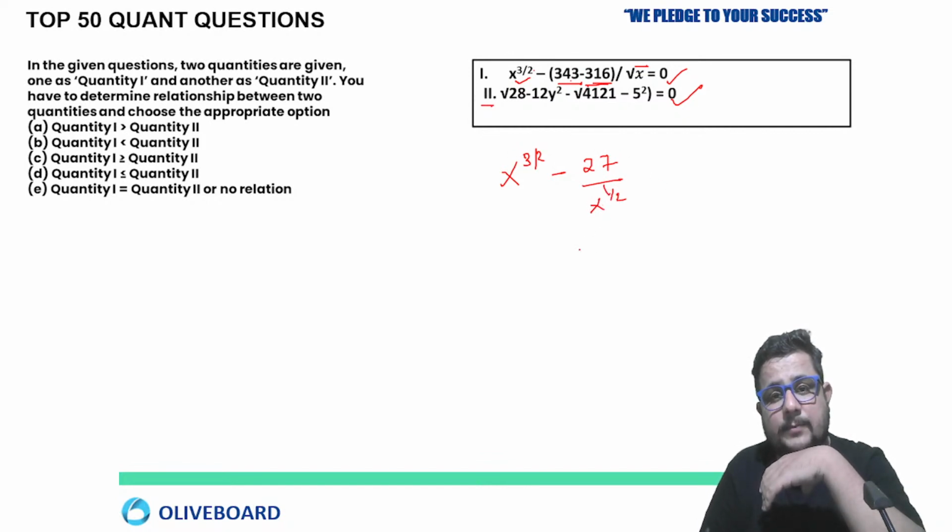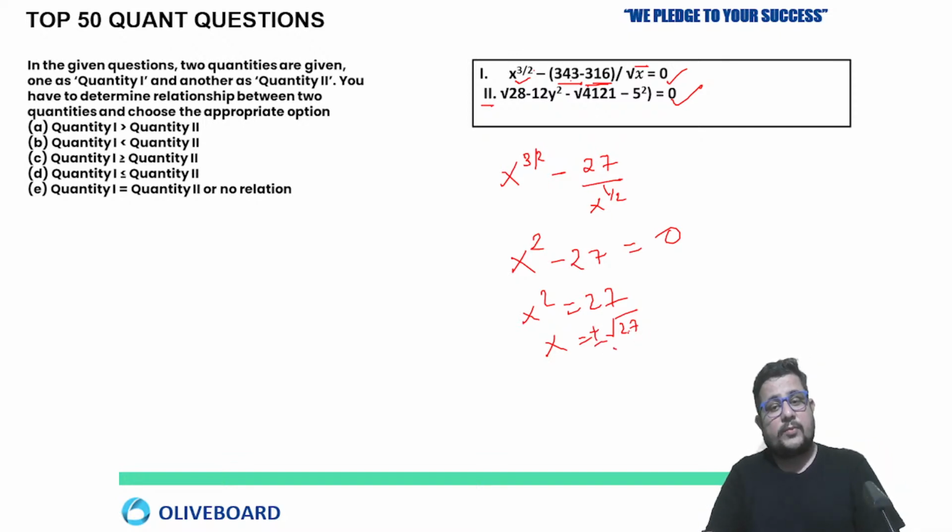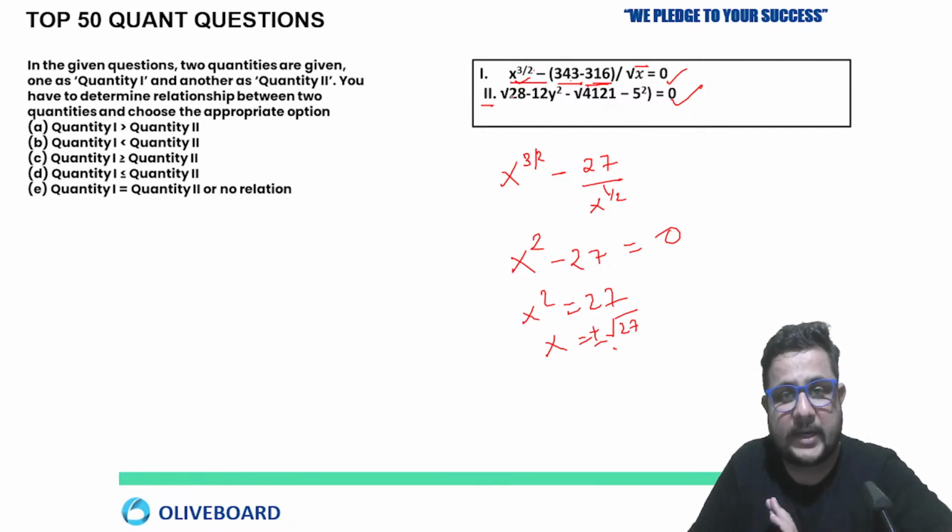Just take the LCM. After taking the LCM, it will become x square minus 27 equals 0. Now x square equals 27, so x is plus minus square root 27. This is not a perfect square; 3 root 3 also you can put if you want.